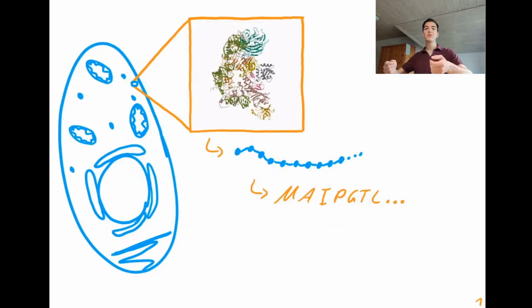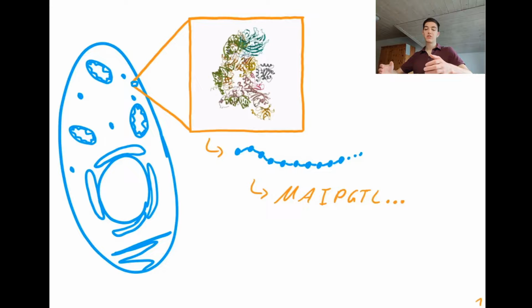Okay, why do we even want to know where proteins locate inside of a cell? Why is this an important problem? Well, I think it's fair to say that proteins are really the workhorses of life and they make all kinds of functions happen in our body. We are made of cells, our cells are made of proteins, and these proteins do about anything that's happening in our bodies.